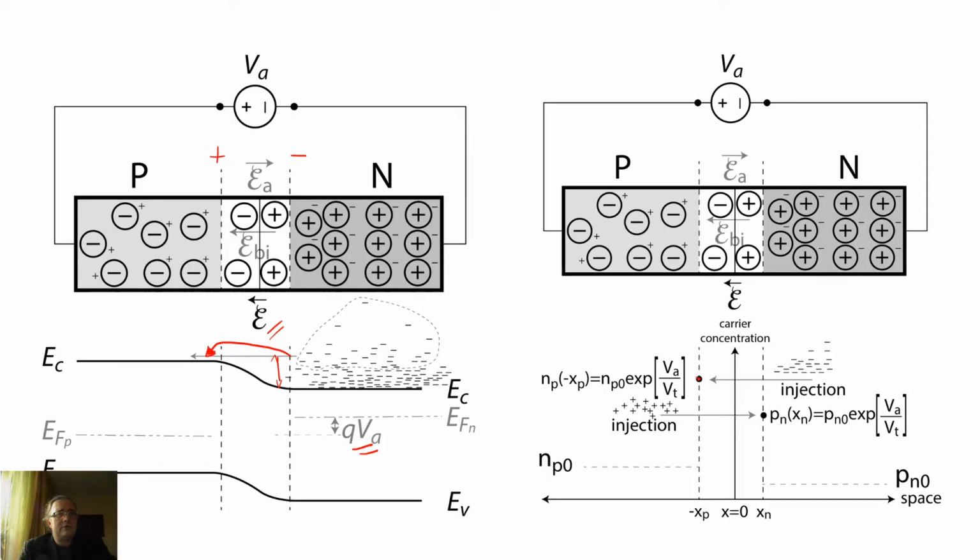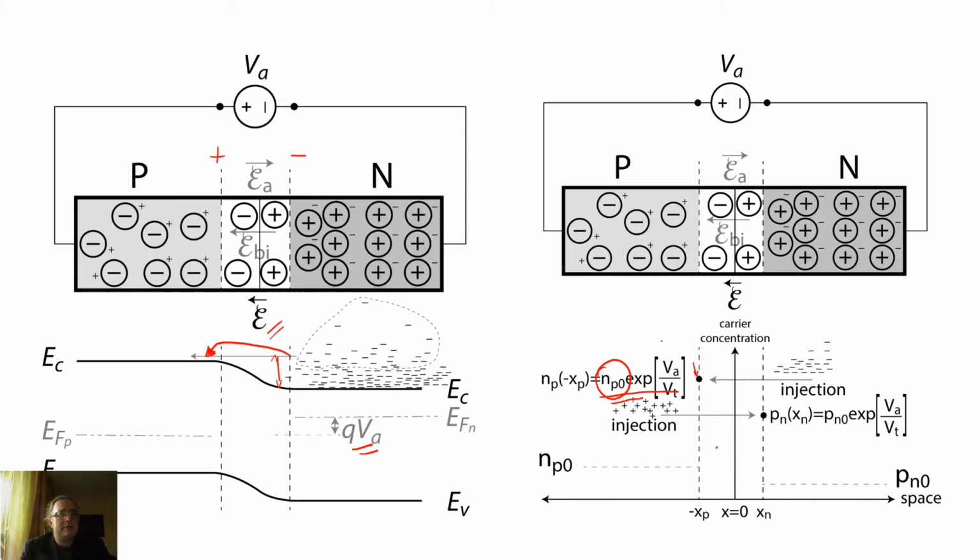Their concentration at this point can be expressed with this formula, which is the normal level in thermal equilibrium, the concentration of electrons in the P side at thermal equilibrium, which is this level, times an exponential function of the externally applied voltage VA and the thermal voltage.